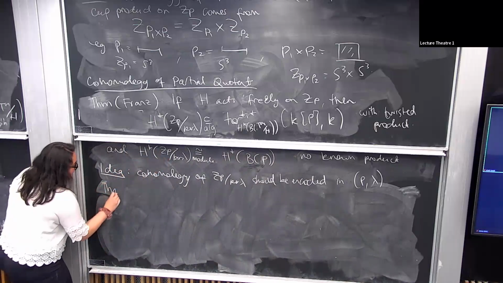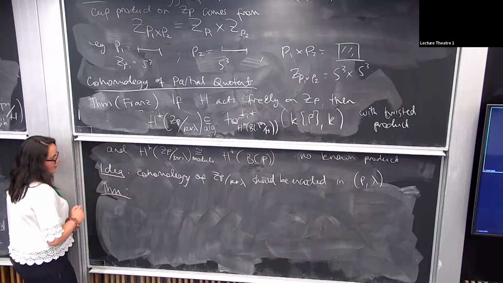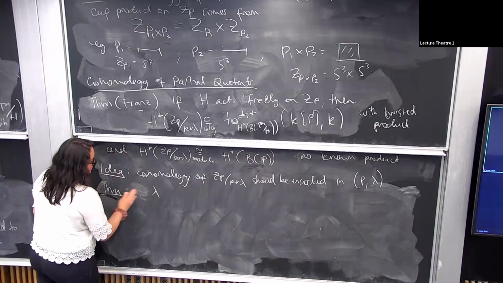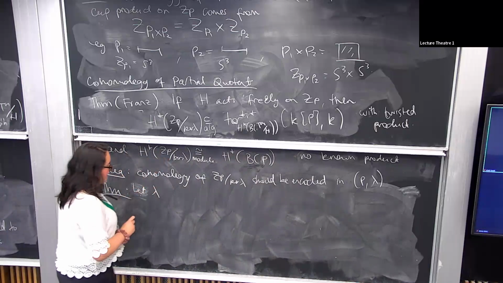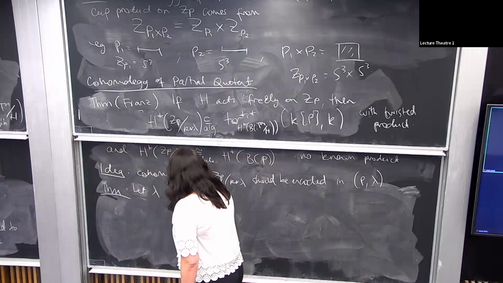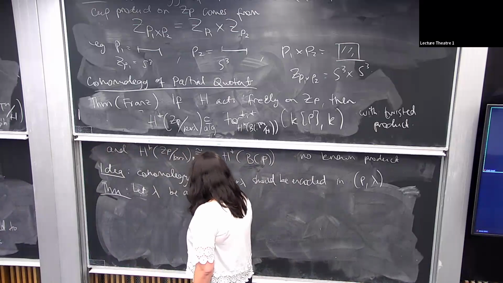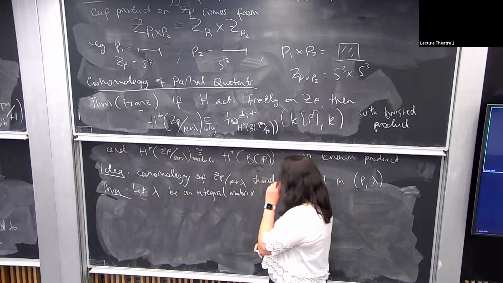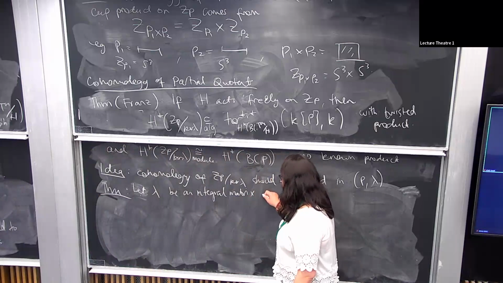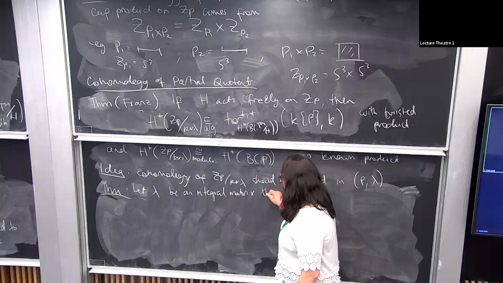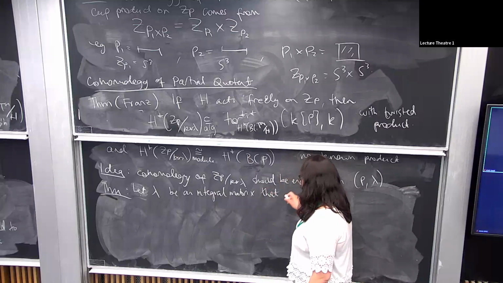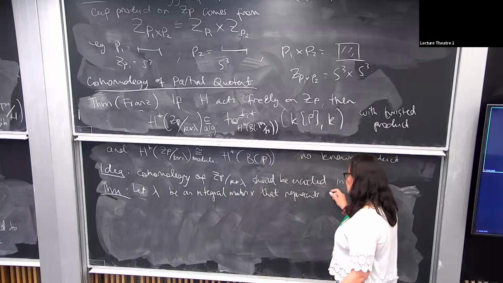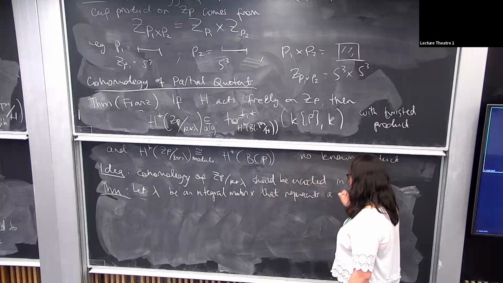So our result is that, let's say, lambda be an integral matrix that, let's just say, represents a reflection.